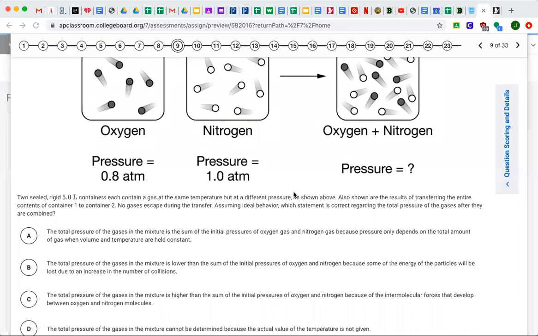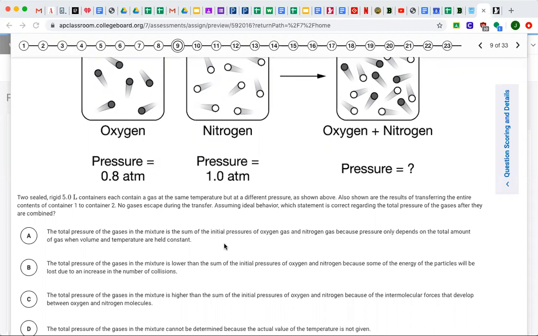So Symphony, why don't you take us through your answer? I got A: the sum of the initial pressures. Once it said the sum of the initial pressures, that already became my first answer. But B says the total pressure is lower than the sum, or that it's higher than the sum in C, which doesn't make any sense.